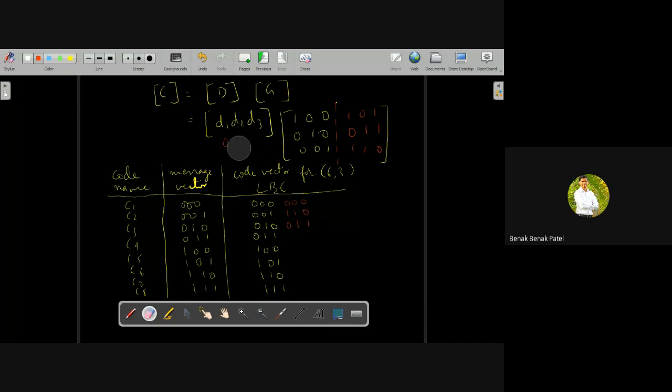And for my next message vector, that is 011, I've got two rows to consider: 011 and along with that 110. And what should I do in between? I should do an XOR operation. Just do an XOR operation in between.